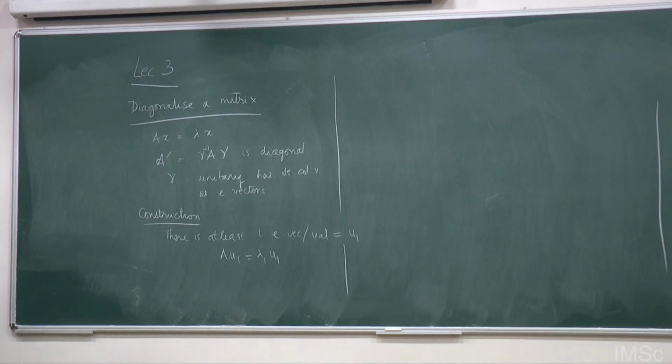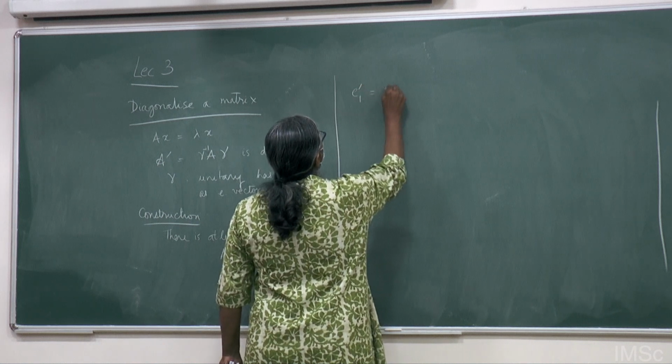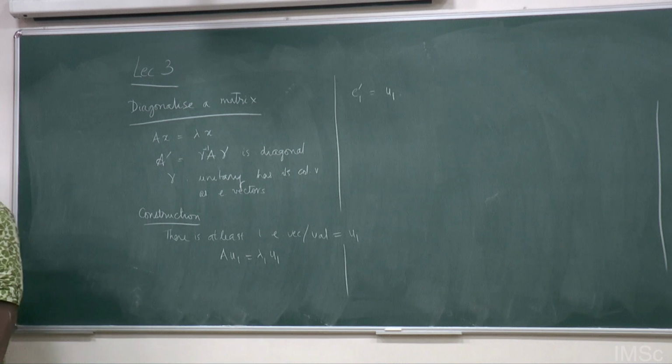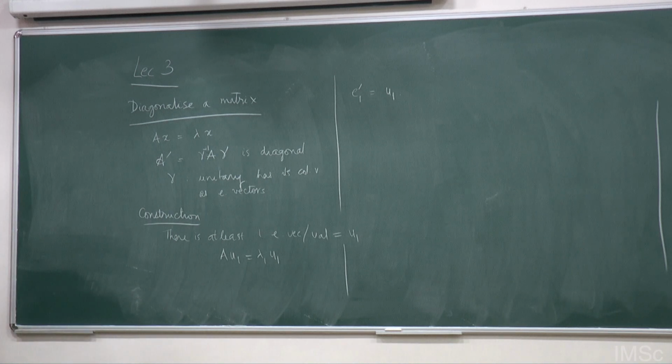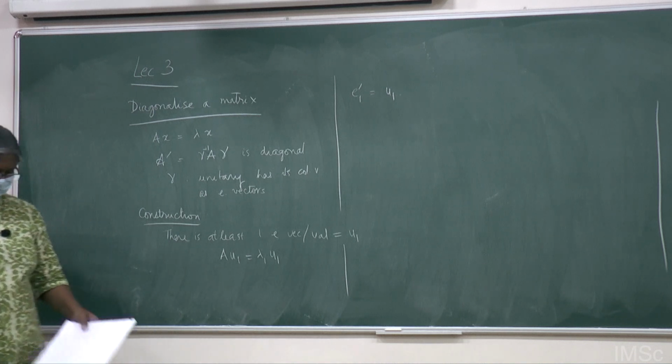Okay, so I have to find the Ei primes, right? Let me choose E1 prime equal to U1. So it's a very simple transformation. I find one eigenvalue equation, one eigenvector, and I pick that E1 prime to be U1.